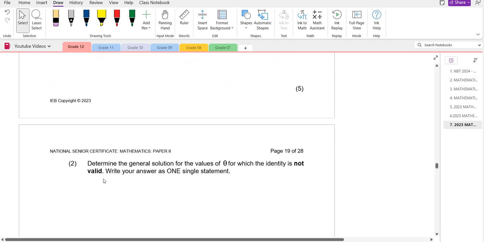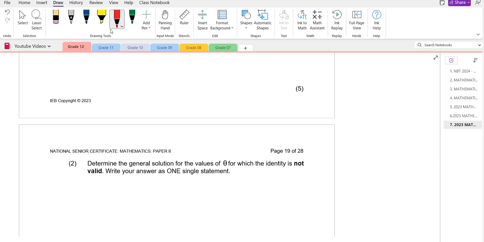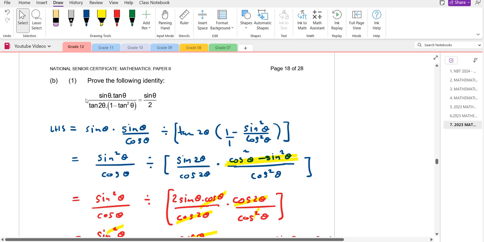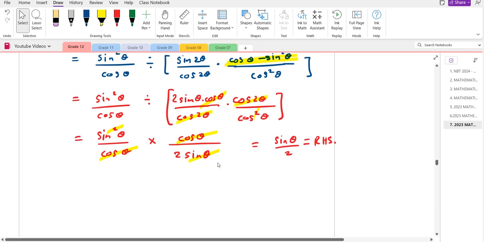Determine the general solution for the values of theta for which the identity is not valid. When is the identity not valid? Not valid means it's undefined. So when is the identity undefined? When the denominator is 0, when you divide by 0. So tan 2 theta into 1 minus tan squared theta: either tan 2 theta is equal to 0 or 1 minus tan squared theta is equal to 0.